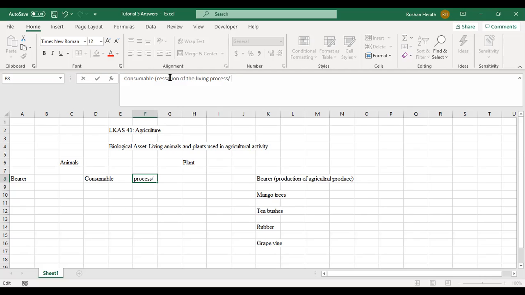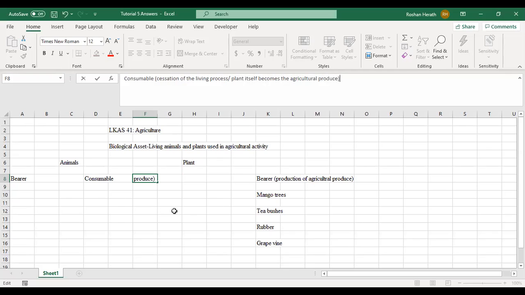In layman's language, I might say that the plant itself becomes the agricultural produce. So that's what happens.